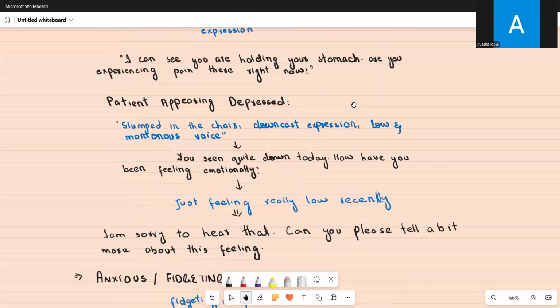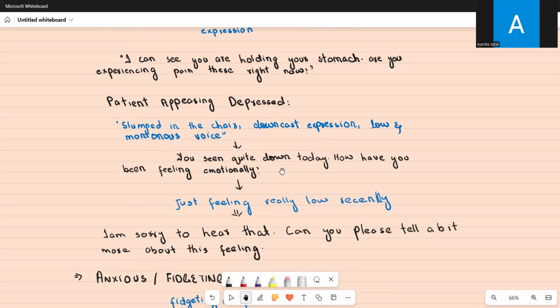If the patient is appearing depressed, a depressed patient will have body language of avoiding eye contact, and looking down, low and monotonous tone of voice, downcast expression, and they may be sitting slumped in their chair. So what you can do for them to know that you have acknowledged their state, that they are feeling low, you can tell them that you seem quite down today. How have you been feeling emotionally?